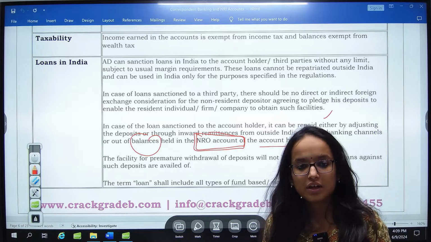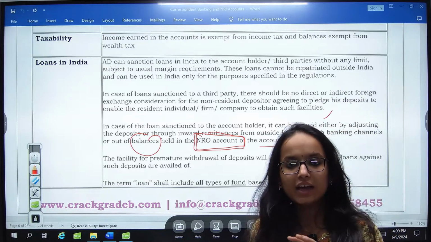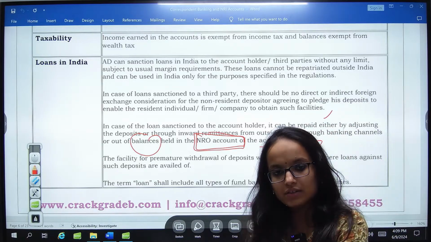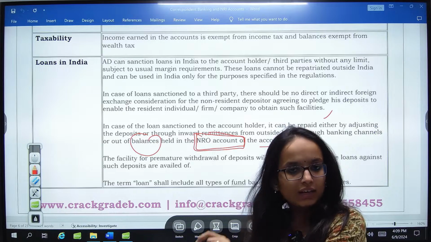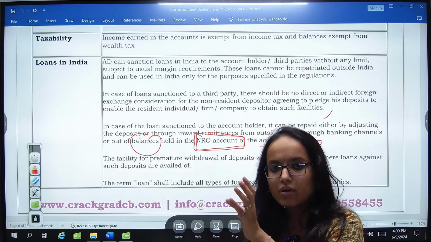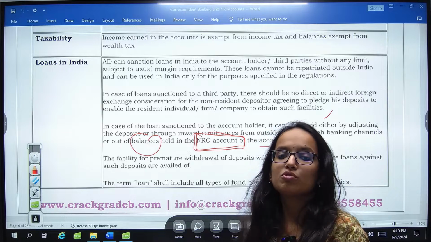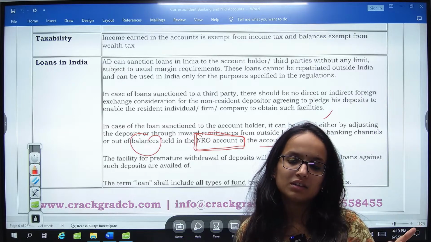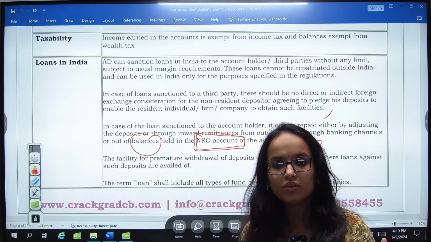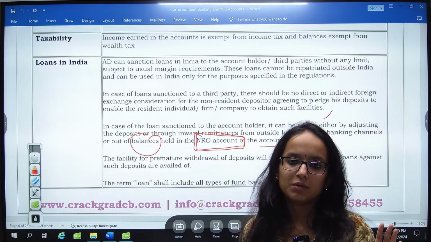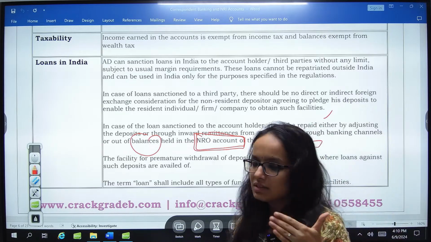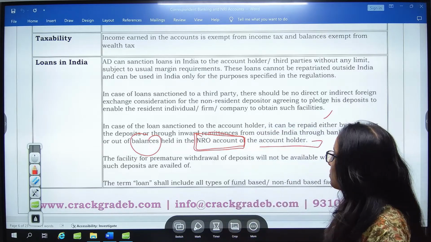If you have balances in your NRO account, the non-resident ordinary account, which we will be discussing after this, those balances can also be used to repay the loan of the FCNRB account holder. Clear? So these are the ways through which you can repay the loan.